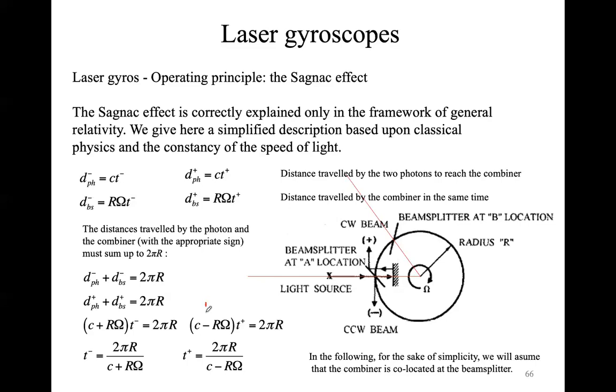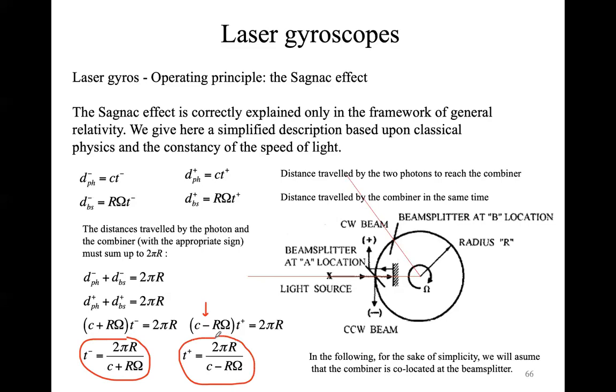That's the reason why you have a minus here. So from this simple expression, you can find T minus and T plus. So why are we so interested in knowing the delta T between the two signals?